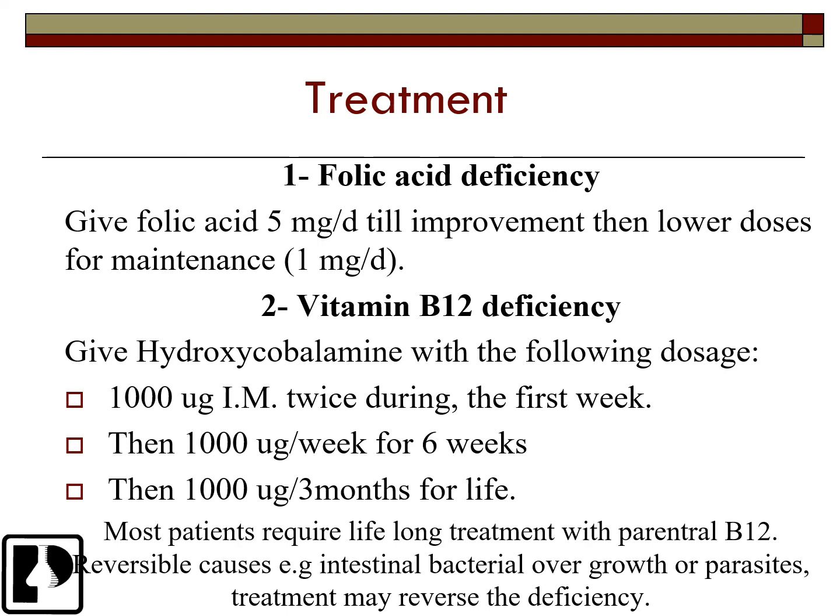Reversible causes, like intestinal bacterial overgrowth or parasitic infection, treatment may reverse the deficiency. Notice this dose of vitamin B12, because this is one of the common mistakes: using vitamin B12 excessively, and if we investigate the level of vitamin B12, we will find it exceeds the normal level.